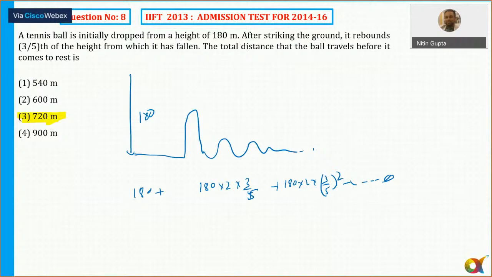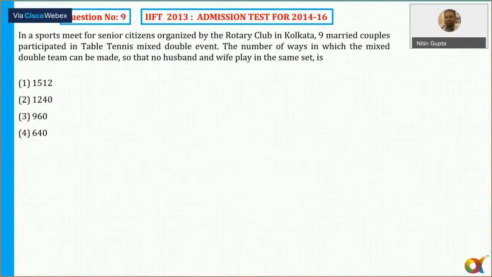All right, chalo. Question number 9th. In a tournament organized by the Rotary Club in Kolkata, the mixed double teams are formed.